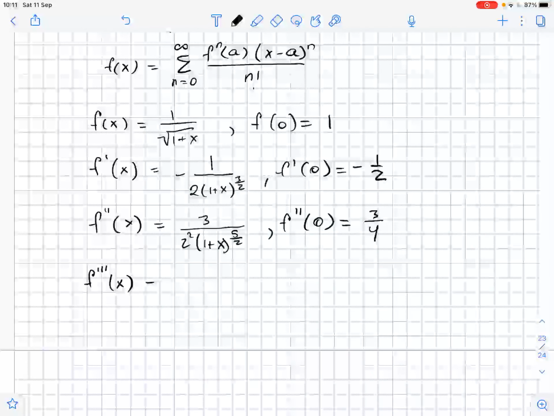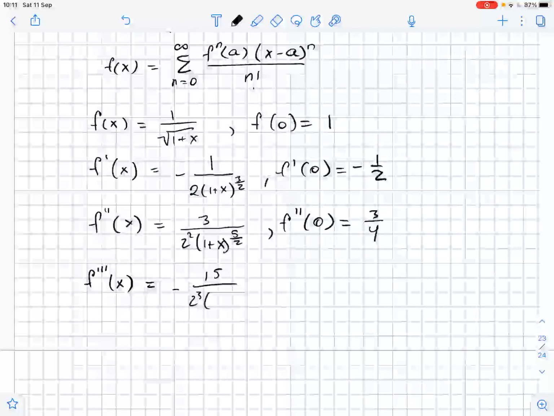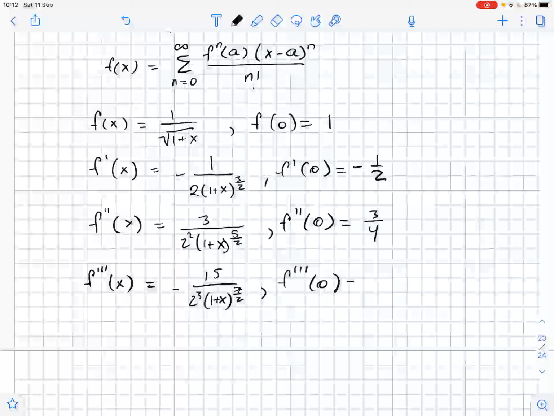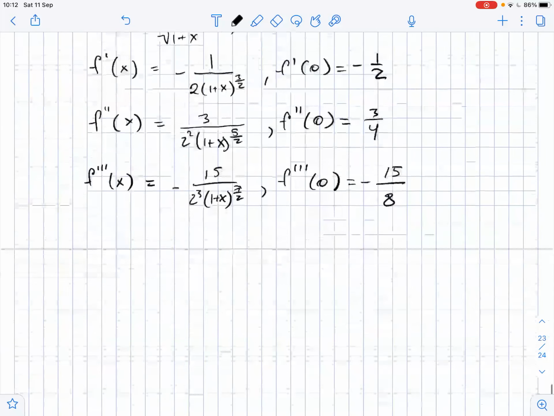The third order derivative of f of x equals negative 15 over 2 cubed times 1 plus x to the power of 7 over 2. Then the third order derivative of f of 0 equals negative 15 over 8.